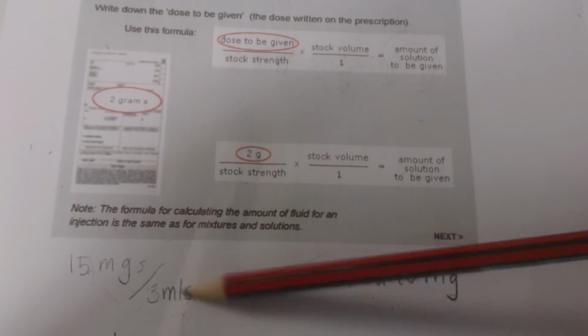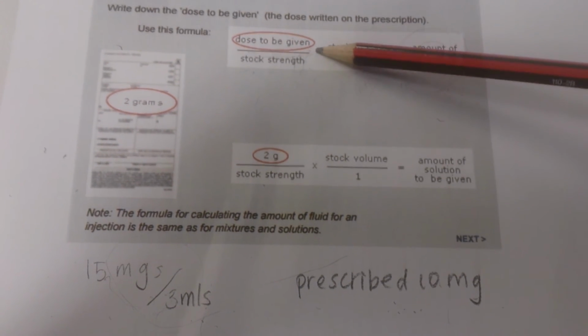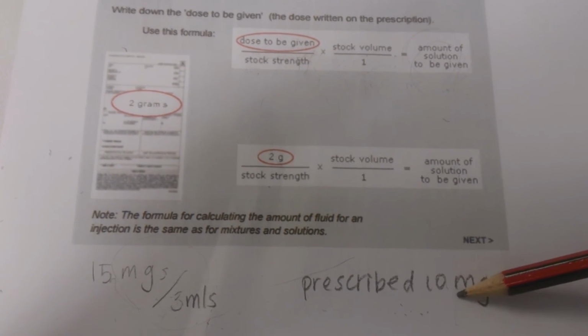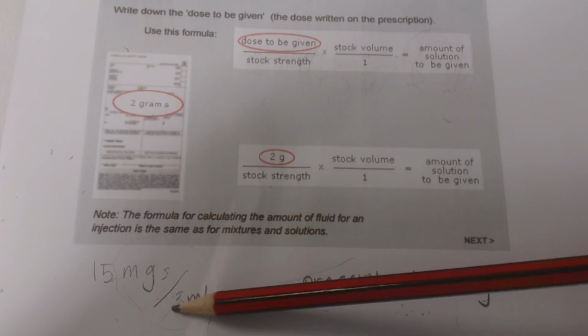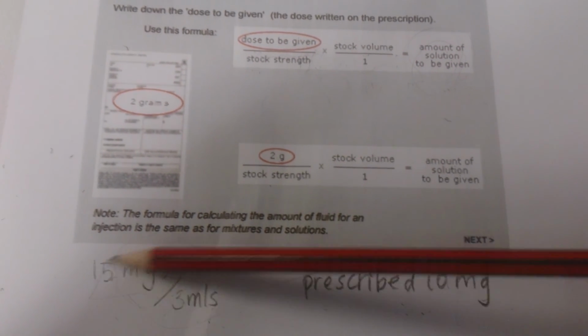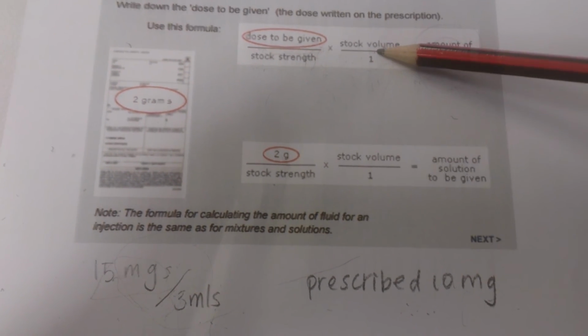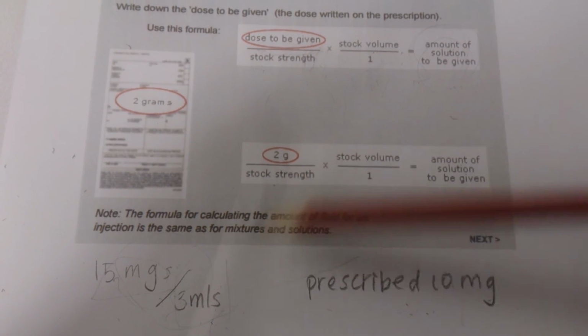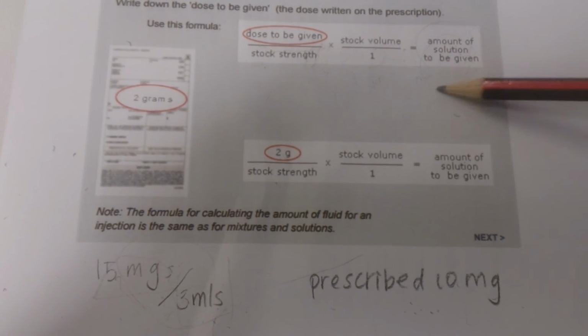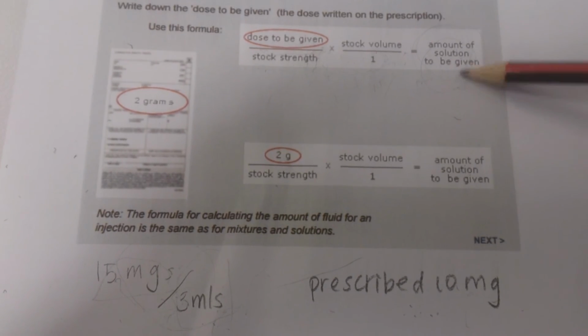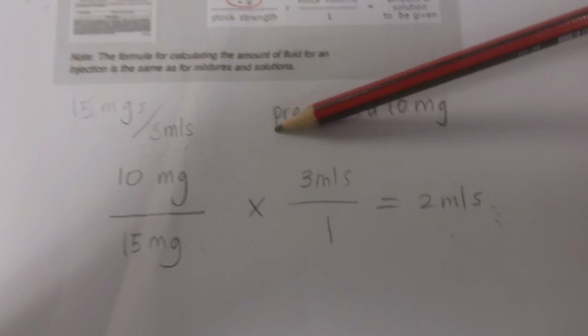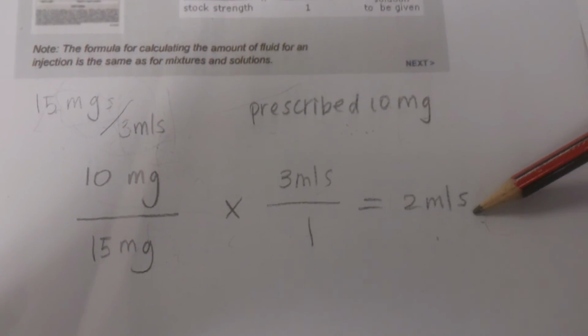So if we know that dose to be given is 10, stock strength is 15 milligrams, stock volume is 3 mLs, and that gives us how much we need to give the patient in mLs.